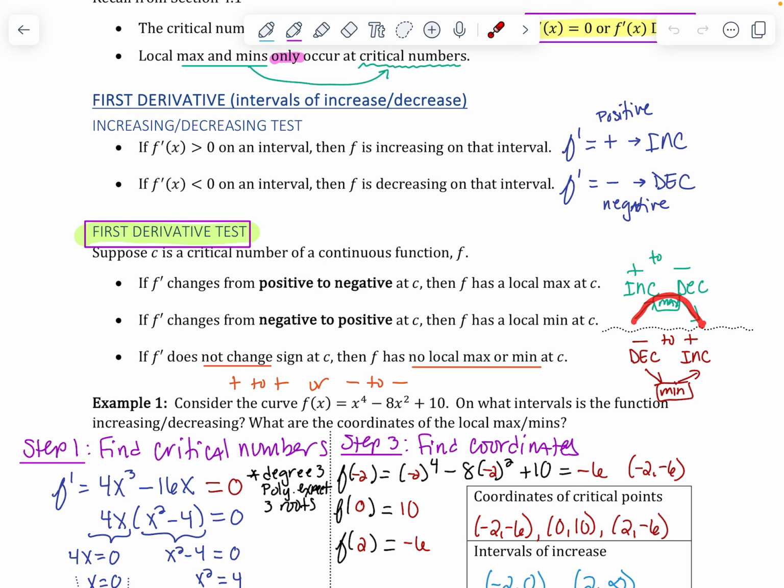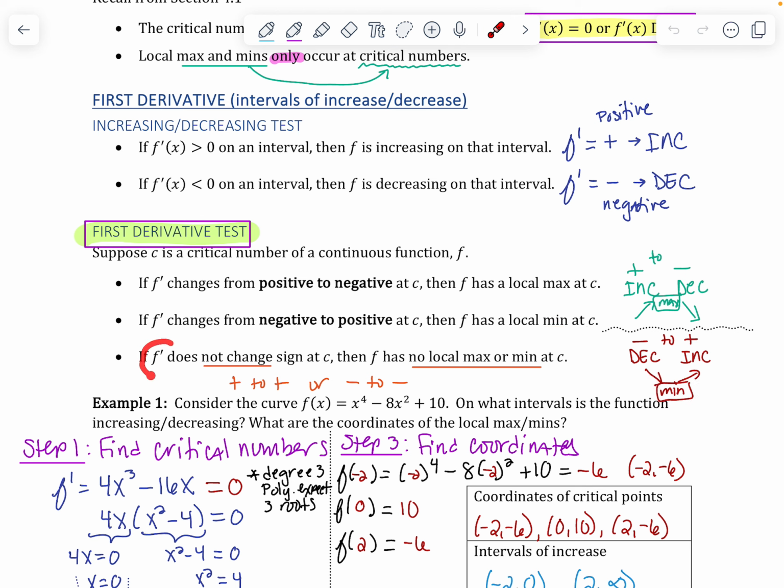And if you're going uphill to downhill, then you have just passed a local maximum. Or the reverse. If values around the critical number in the derivative change from negative to positive, they go from downhill to uphill, then we have just passed a local minimum.